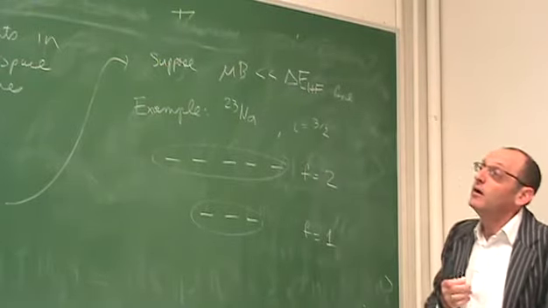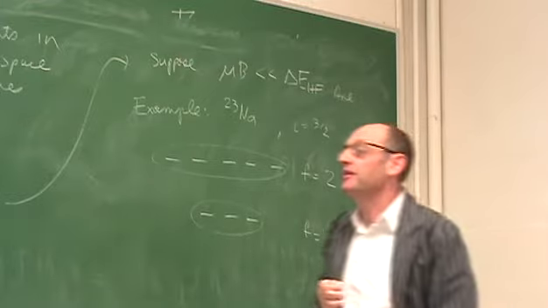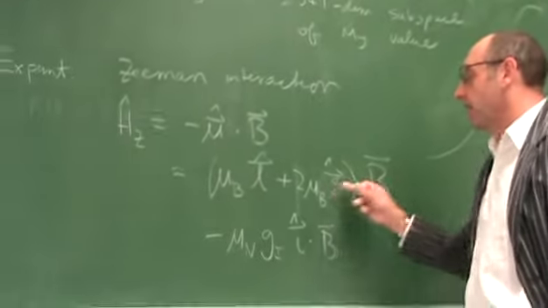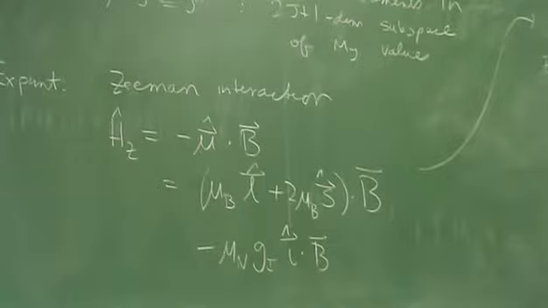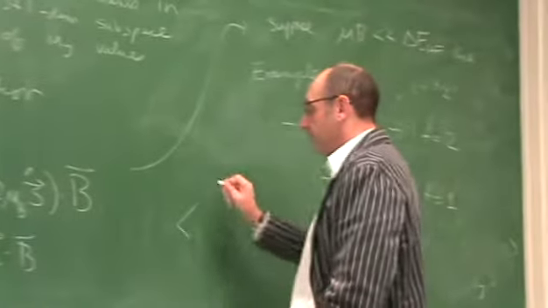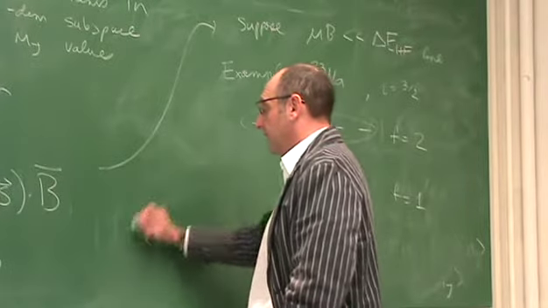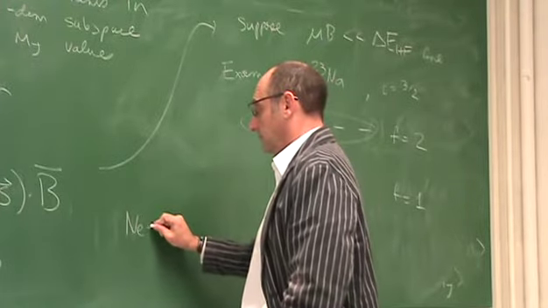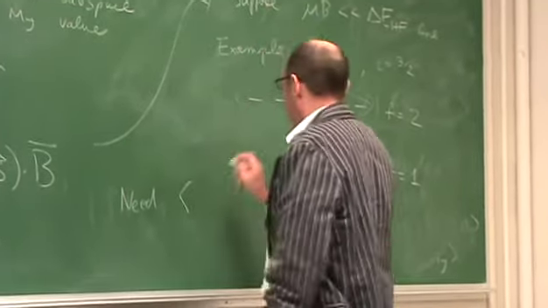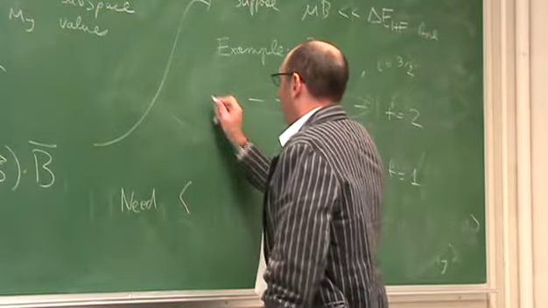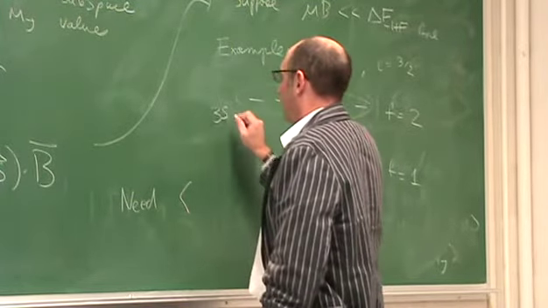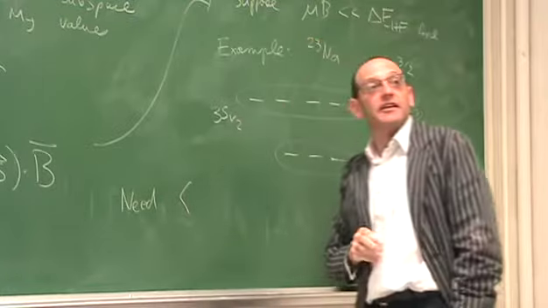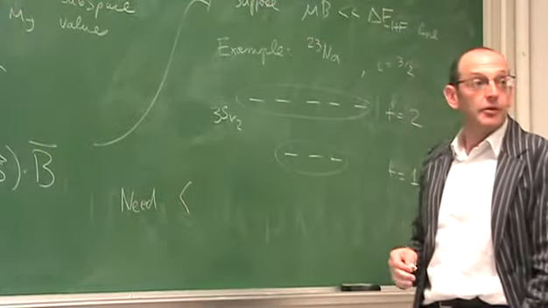Okay? Well, we have to then calculate matrix elements of these operators. We need to calculate the matrix element of mu with respect to the 3s 1/2 manifold, right?